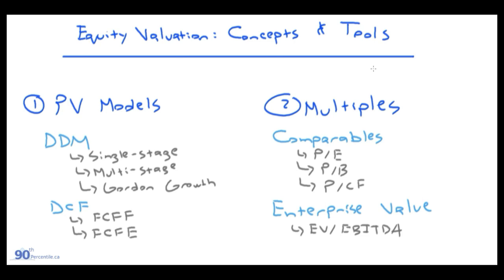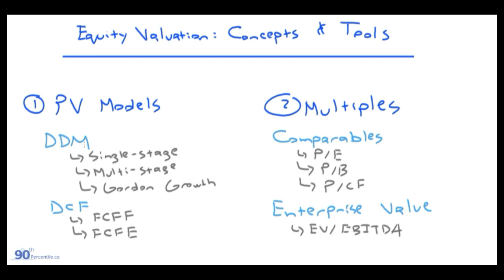We're going to talk about the key two ways of valuing equities. So these are present value models and multiple models. Under present value models, it's kind of the same concept across all of them, but the inputs are a little bit different. All we're doing is we're taking some sort of cash flow, whether it's dividends, free cash flow to the firm, free cash flow to equity, whatever, and we're forecasting those into the future and then discounting them back to today.